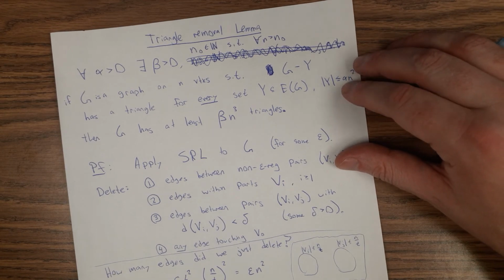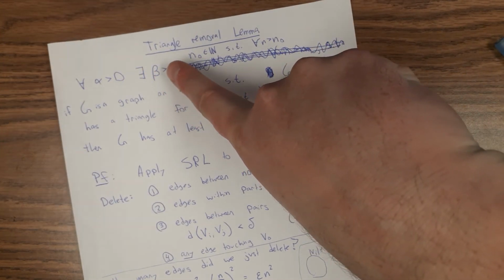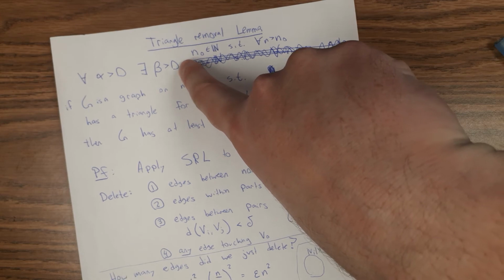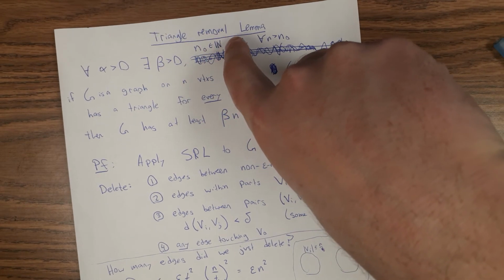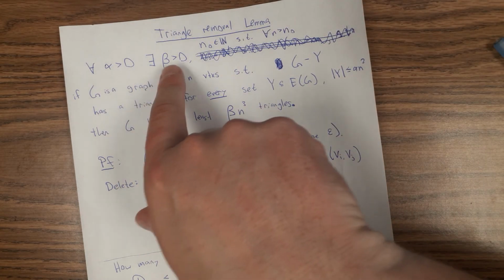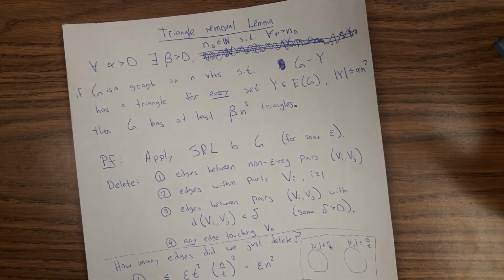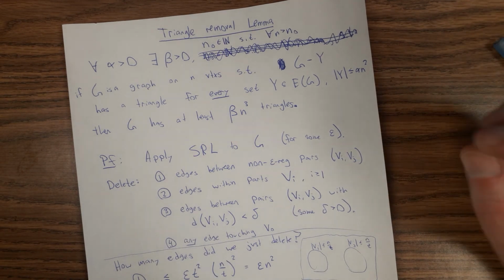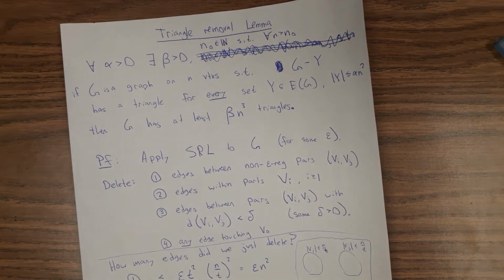The triangle removal lemma says that for all positive alpha, there exists a positive beta, and beta can only depend on alpha. If you look at the quantifiers, beta is only appearing after alpha, so beta can depend on alpha but nothing else. And alpha is epsilon over 50. So what do we get?